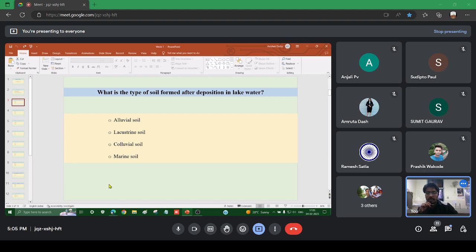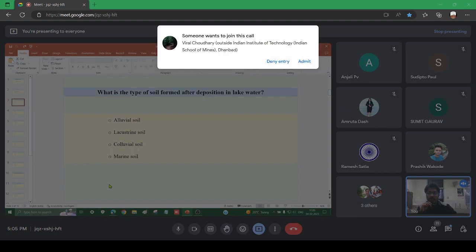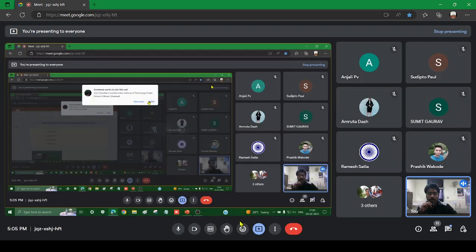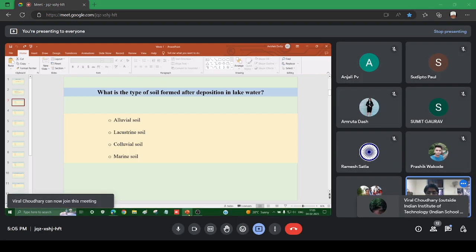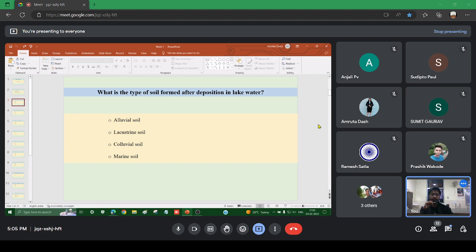The options are number 1, alluvial soil, number 2, lacustrine soil, number 3, colluvial soil, and number 4, marine soil. I repeat the question and the options.